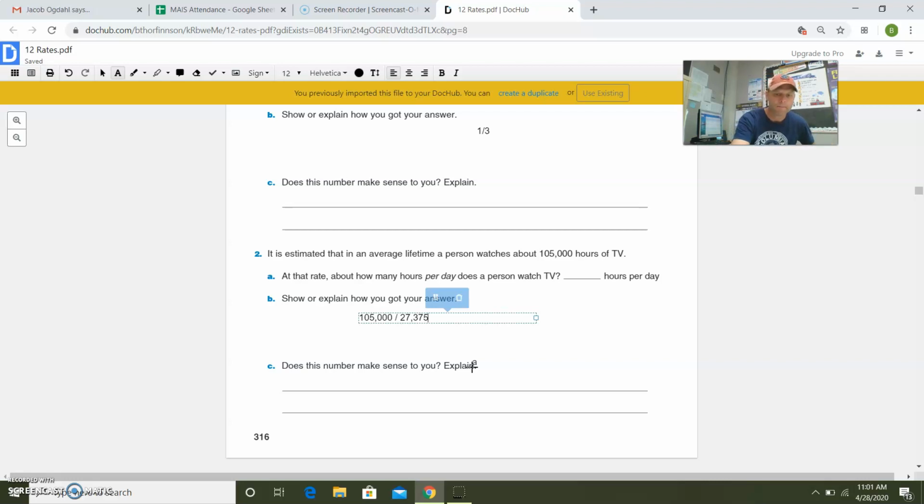You divide that and you get a real goofy answer, 3.8356. So we'll round that to the nearest tenth. So let's just round that answer to 3.8.